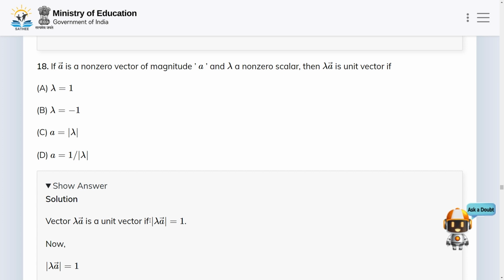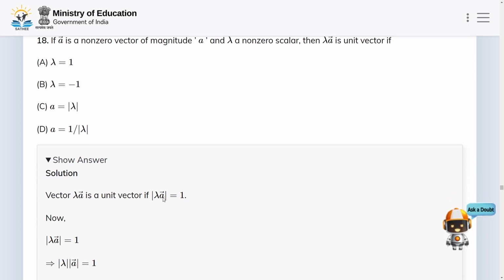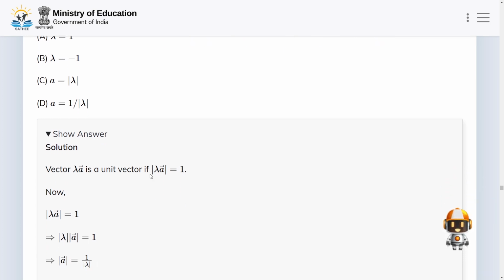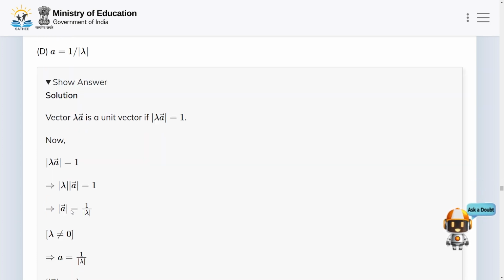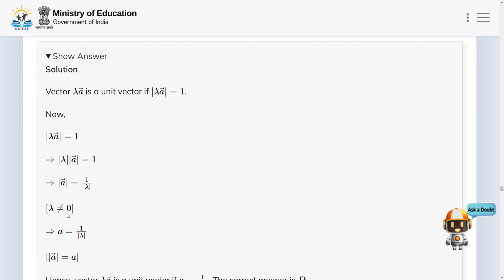Okay, so only when the magnitude of lambda A is equal to 1, the unit vector means this thing. This can be rewritten as absolute value of lambda multiplied by magnitude of A equals 1. This means magnitude of A must be 1 by modulus of lambda. This means lambda cannot be 0. This means lambda not equal to 0.